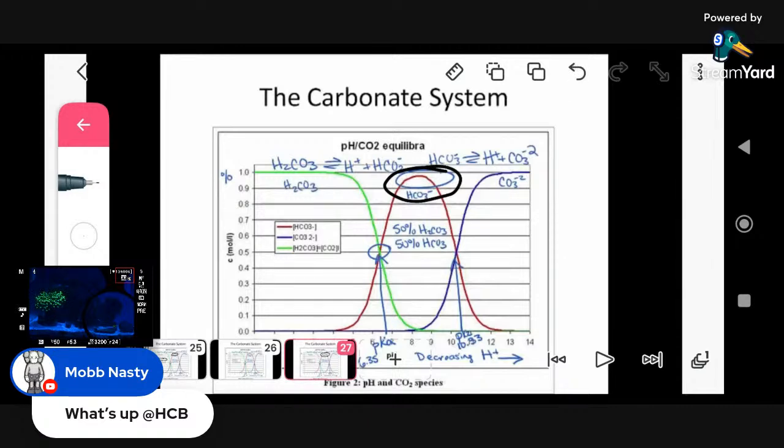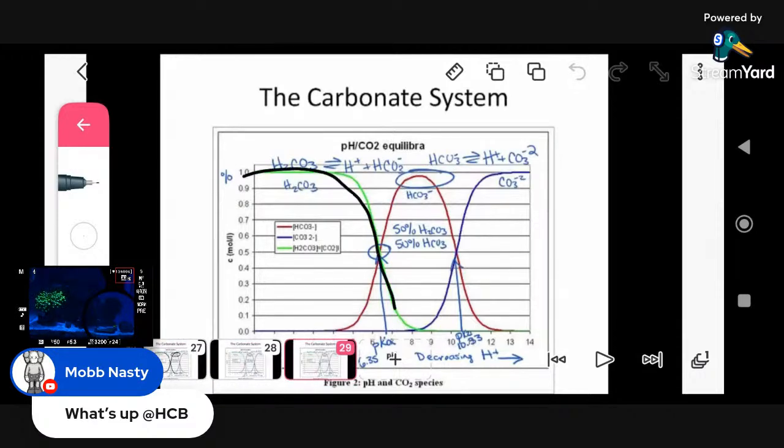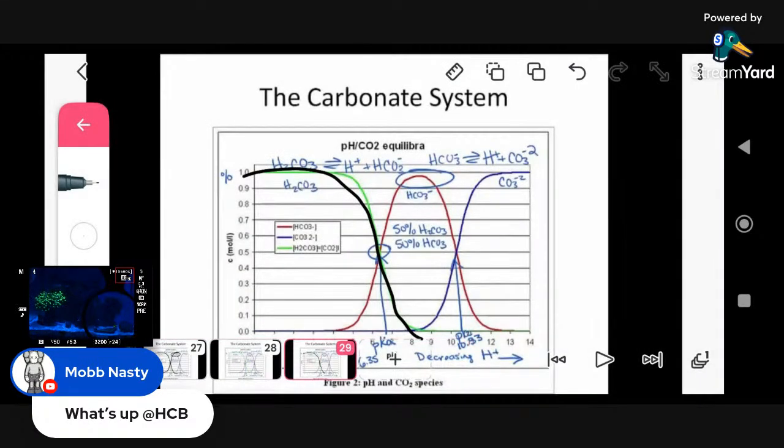So we go from carbonic acid, and then we go up to carbonate. Remember, there's a decrease in carbonic acid when you increase the pH. Once you get the pH to where natural seawater is, the carbonic acid should be close to zero.